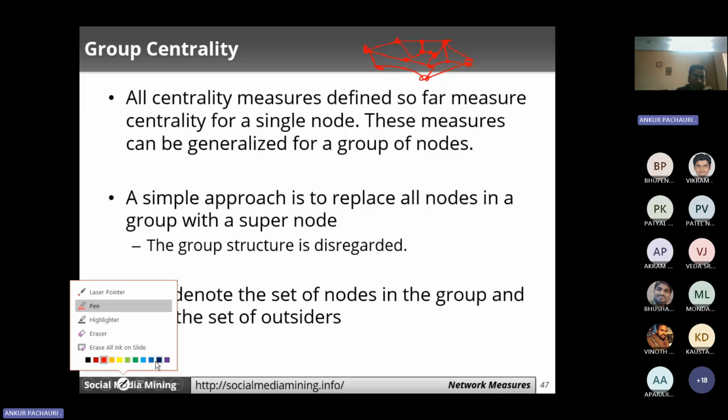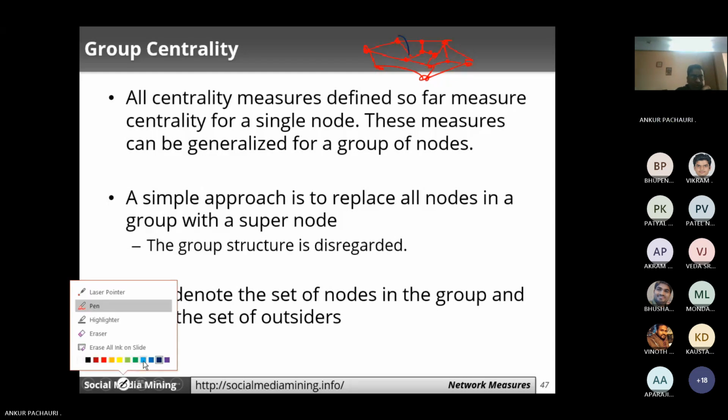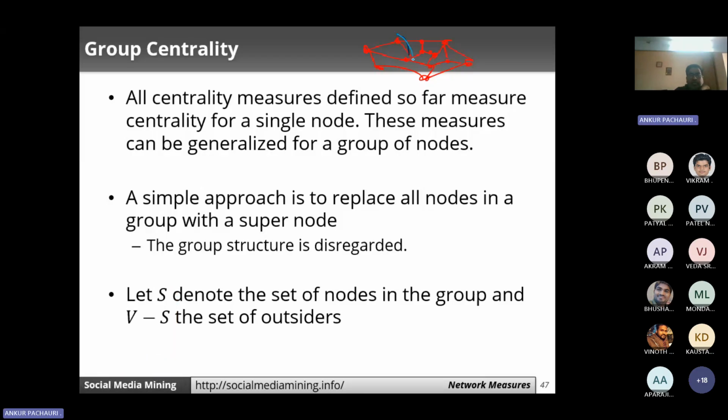What should I be doing in that case? Suppose I have to focus on this set of nodes. I consider this as a super node V, and the rest as the other nodes.